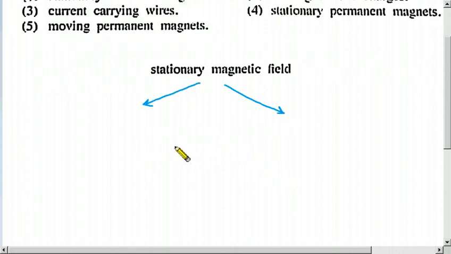The first one, the easiest one, is to use just bar magnets. You must have seen them like this. Those are permanent magnets. They have marked N and S. Even if the marks are not there, you can find it by hanging it using a thread fixed at the center.